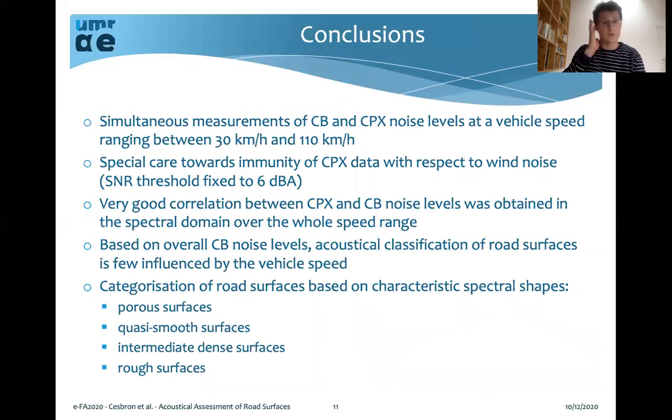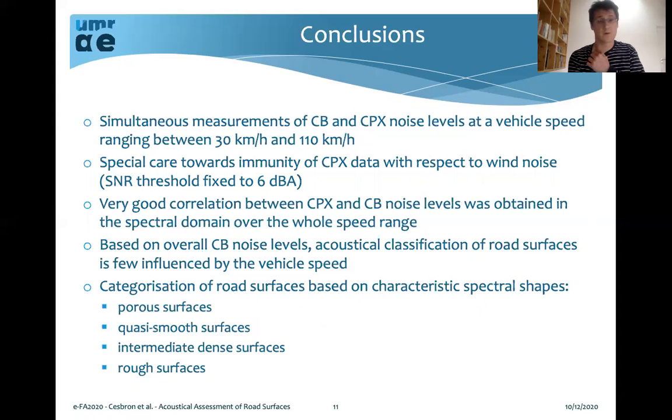Let's turn to the conclusion. Simultaneous measurements of coast-by and CPX noise levels at vehicle speeds ranging from 30 kph to 110 kph have been achieved within this study, and special care towards immunity of CPX data with respect to airflow noise was taken, with the signal to noise ratio threshold fixed to 6 dBA.